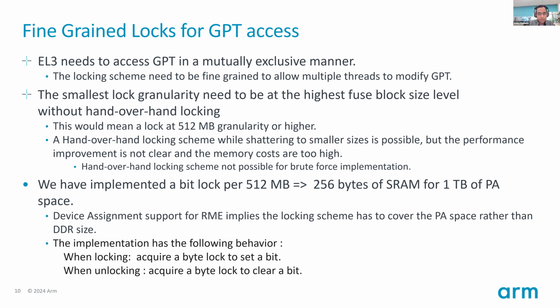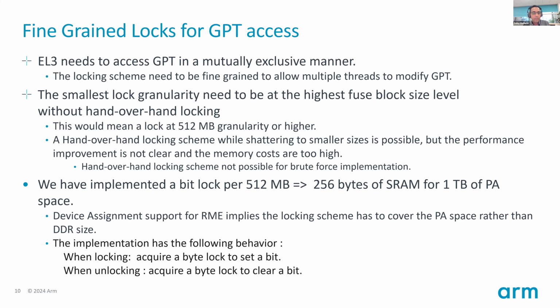Yeah, so this seems to be the lowest footprint lock that we can implement. One thing we need to be aware of is that today we have only CPU-only realms, and hence for the GPT tracking at EL3, we only do the L1 tracking for the DDR that is present in the system.